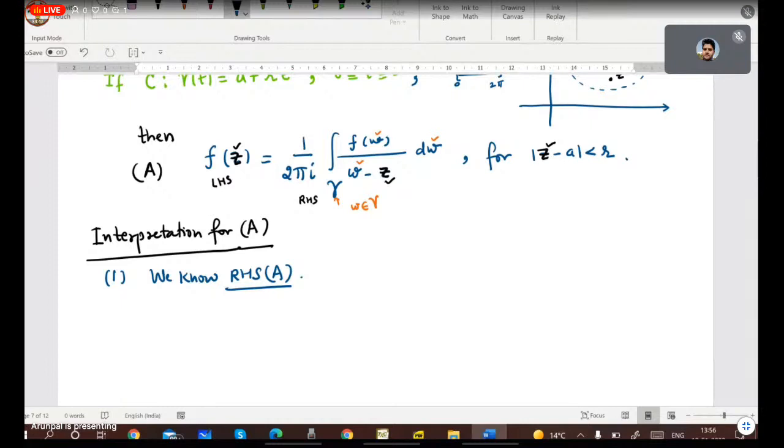It means you know the values of f on the points of gamma.